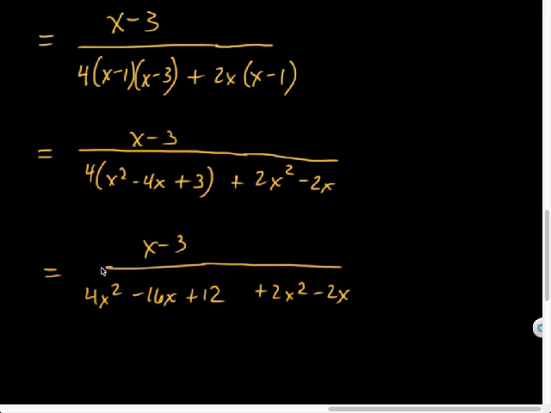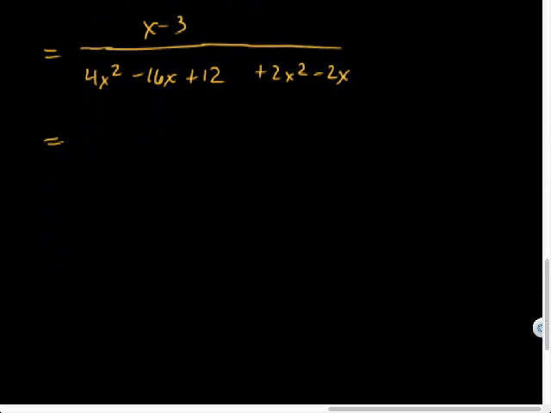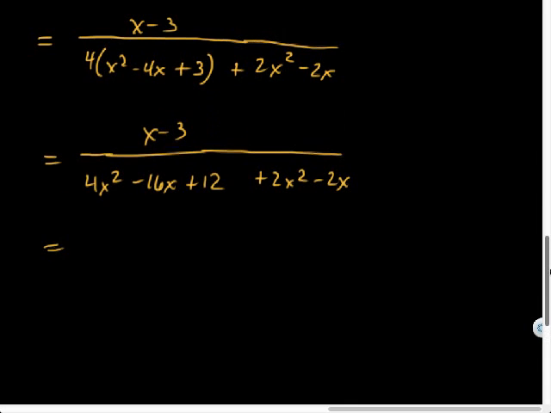All right. One big frac. And I think I can combine some like terms in the denominator. Hope so. Let's see, here we are. So combine 4x squared and 2x squared. I'll be able to combine negative 16x and negative 2x.